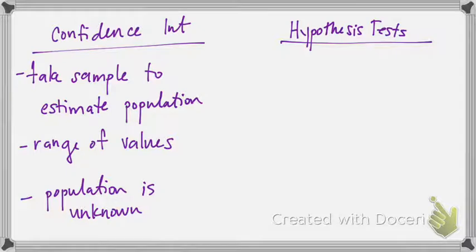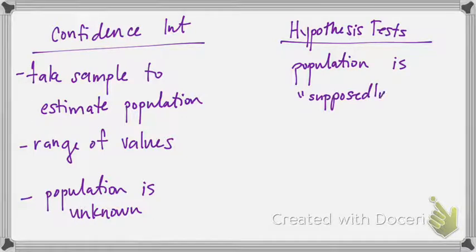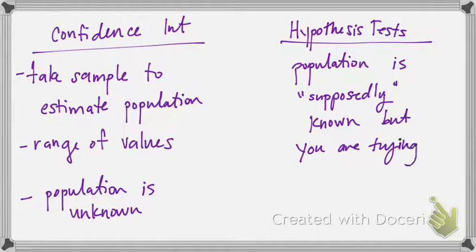So the population is supposedly known, but you are trying to prove it wrong.